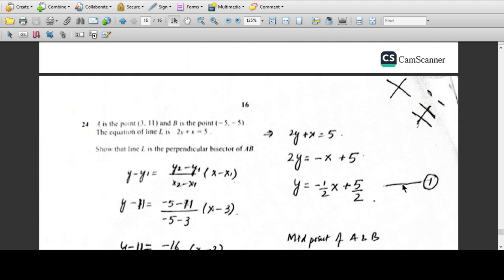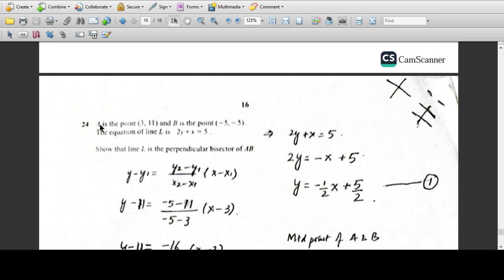Now question number 24. A is the point 3, 11 and B is the point -5, -5. A and B form a line. There is an equation of line L: 2y plus x is equal to 5. This is another equation.